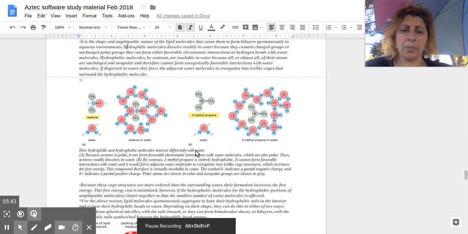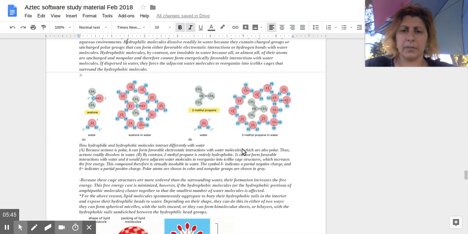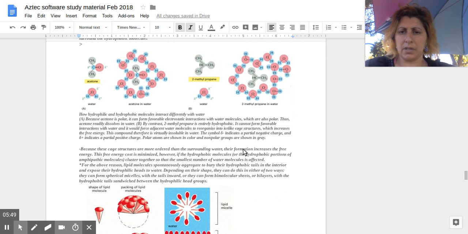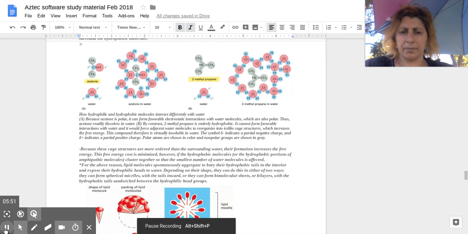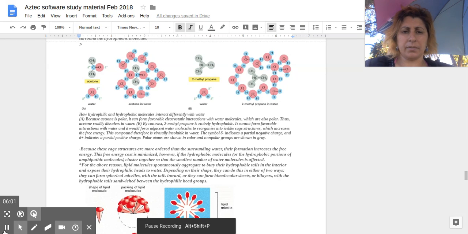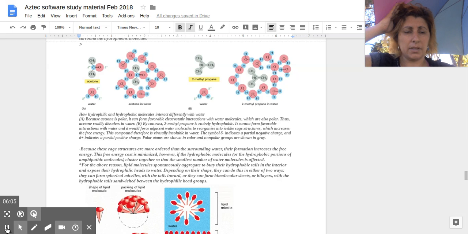Where there's no polarity, there's no real interaction between the molecules. Usually partially negative and partially positive molecules attract one another, or parts of molecules, or atoms.